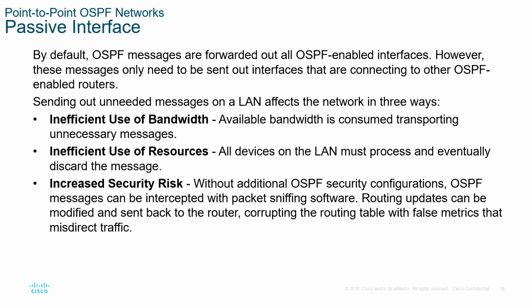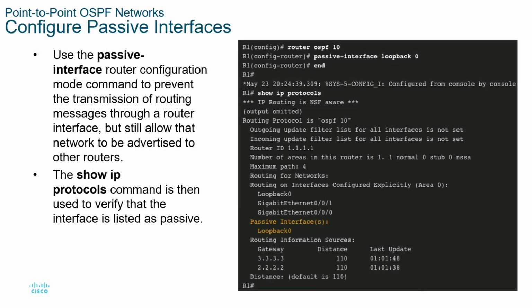Now, because of this, there is also another feature called the passive interface. So you make a router's interface passive every time the interface is connected to a local area network where you don't expect to have another router. Simple as that. Okay?